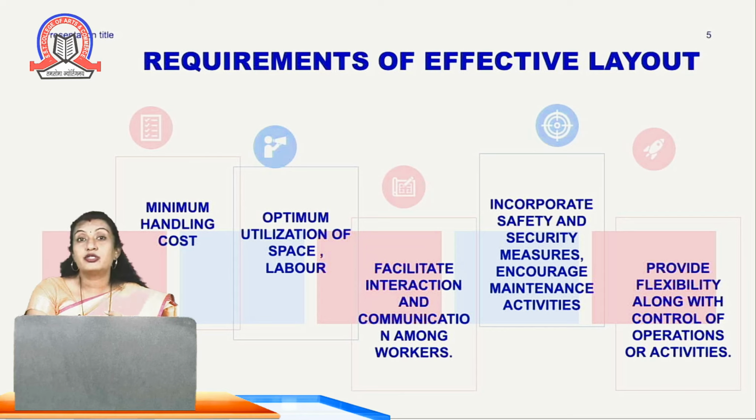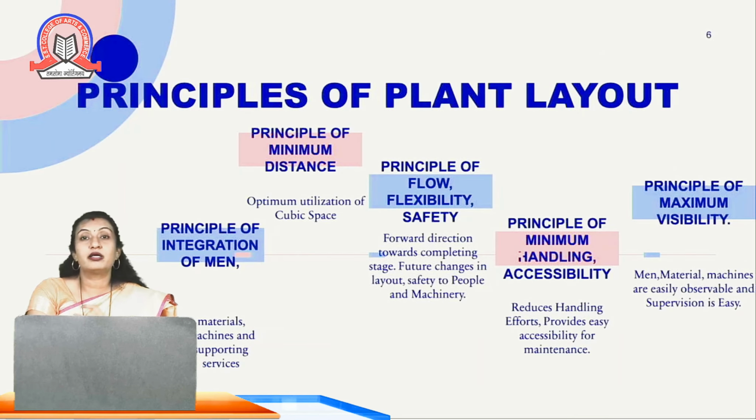So to ensure proper safety, the layout should be such that there are proper entry and exit points. Then there should be flexibility in that layout, so that if there is a need, the machineries and the equipments can have their positions changed, or the space can be utilized for some other purpose. So these are the requirements of an effective layout.